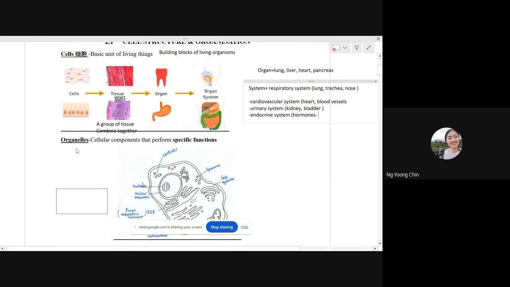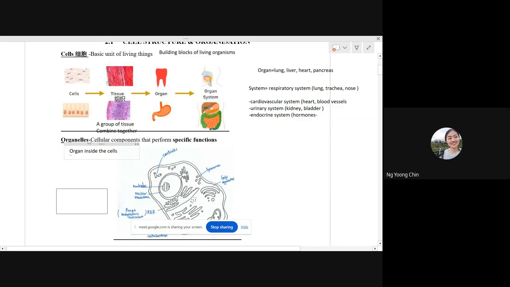So now we talk about the organelles. Organelles refer to the structures found inside the cell. It's just like the organs inside the cell. In the human body, we have a lot of organs, right? So in the cell, they also contain their own organs, which are the organelles.